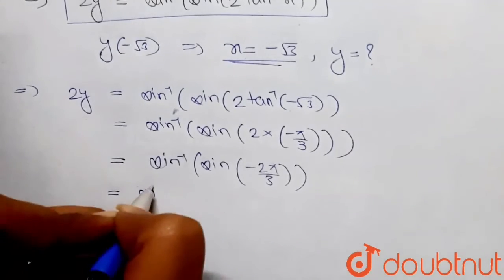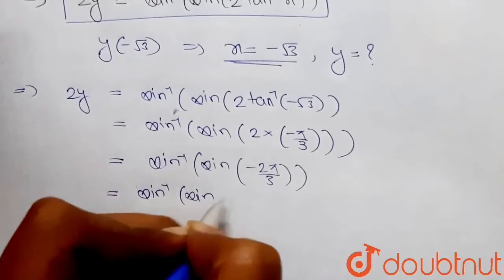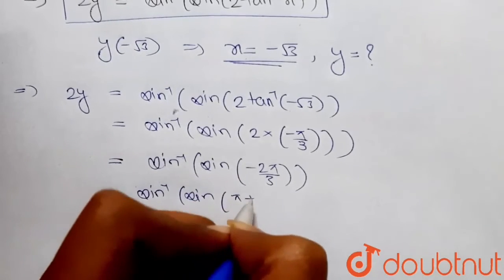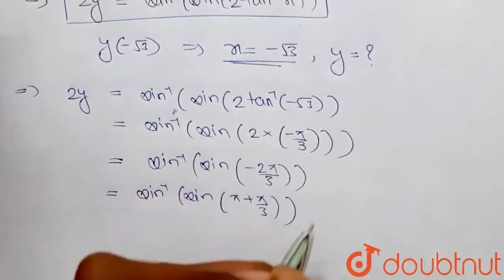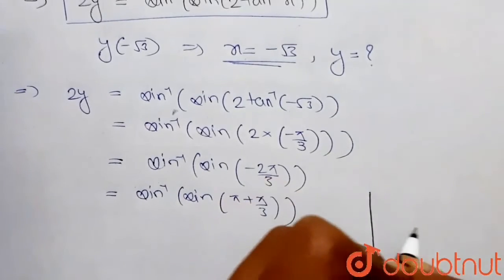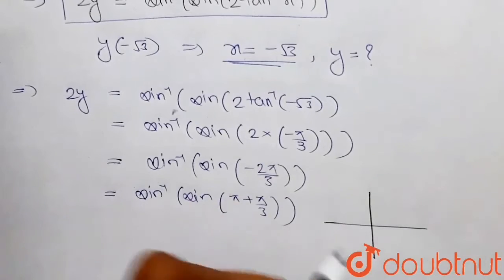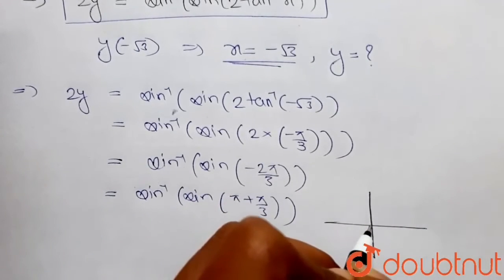Now sine inverse sine of minus 2 pi by 3 can be written with pi plus pi by 3, right? Because if I draw the trigonometric graph, we have minus 2 pi by 3 here.